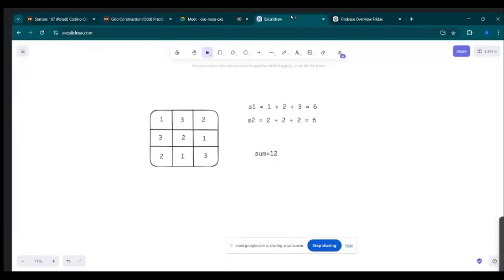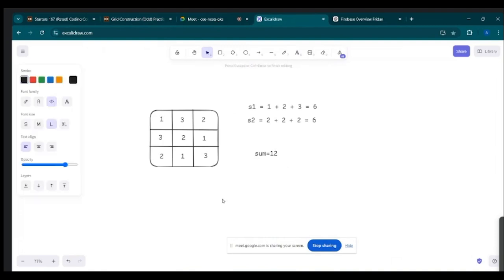So here, one of the approaches: we are using only 1 to n numbers, so the sum of 1 to n numbers is n into n plus 1 by 2, right?